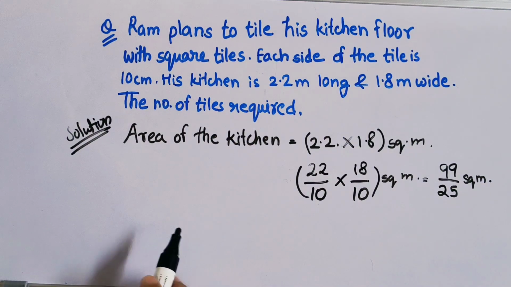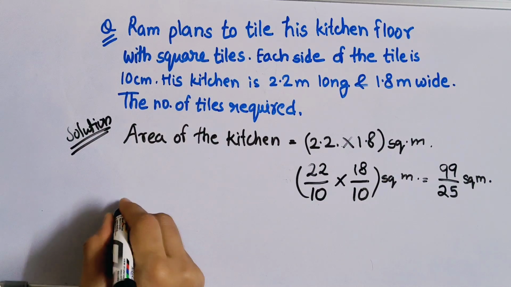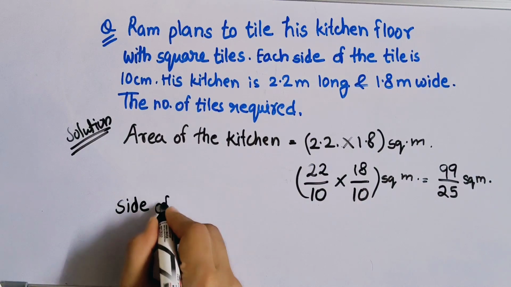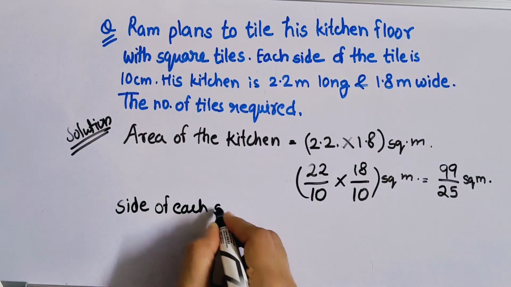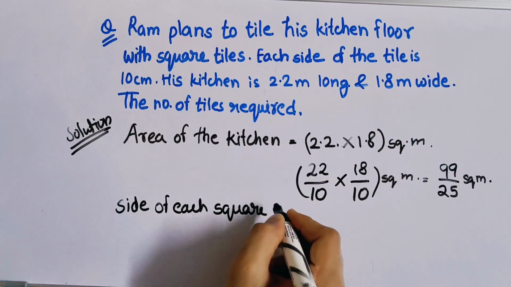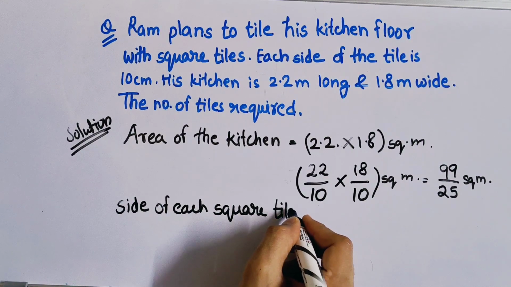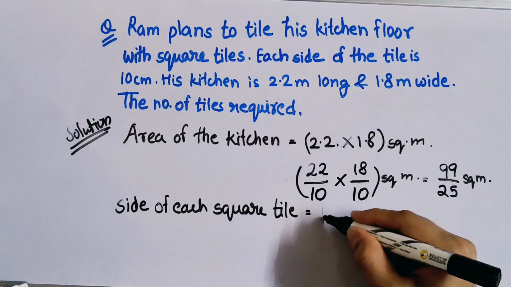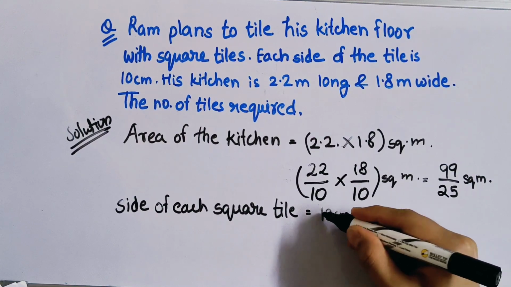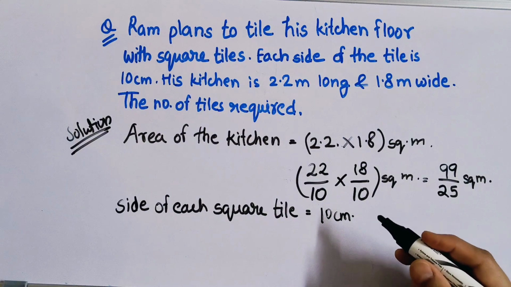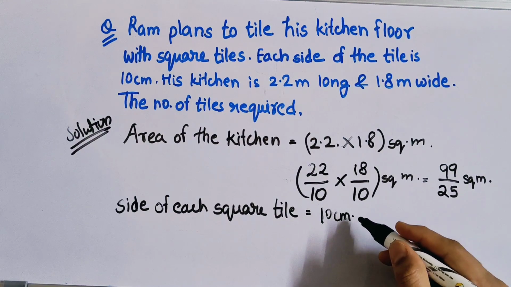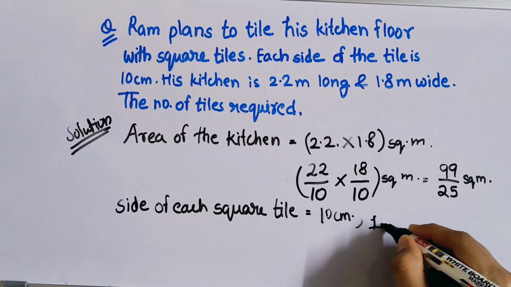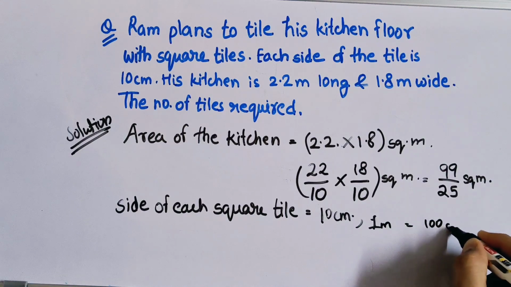Now side of each square tile. We have given side of square tile is 10 centimeter. This is given in centimeter, so we have to convert this into meter. Therefore, for 1 meter there is 100 centimeter.